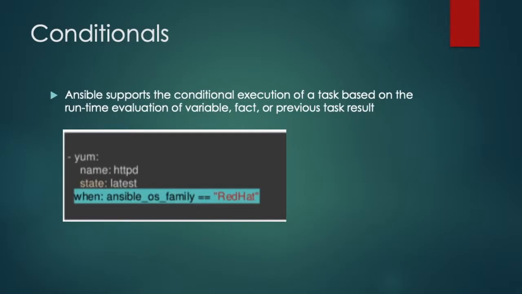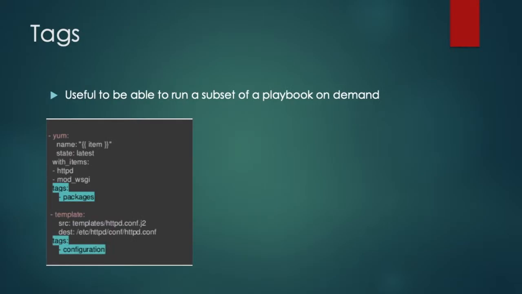Ansible also supports the conditional execution of a task based on the runtime evaluation of a variable, fact, or previous task result. And tags are useful to be able to run a subset of a playbook on demand.